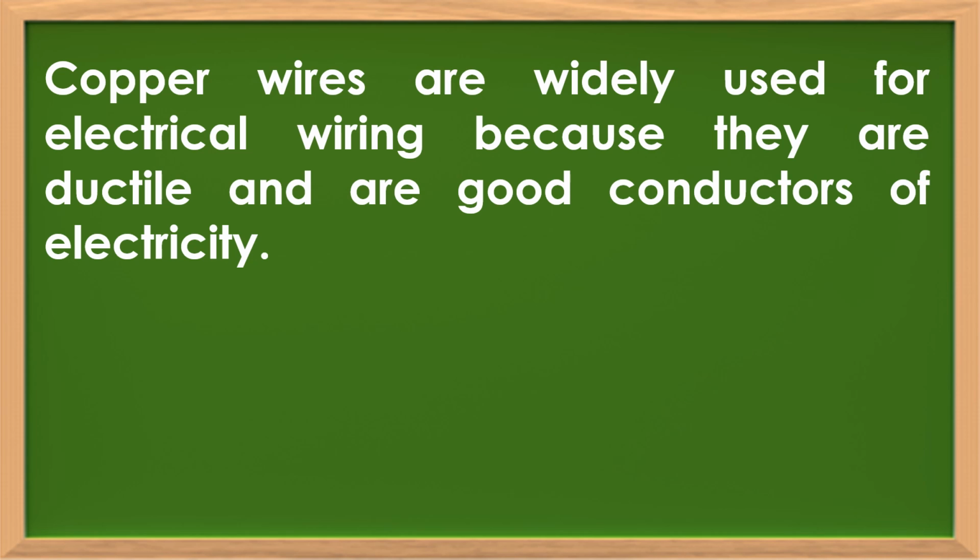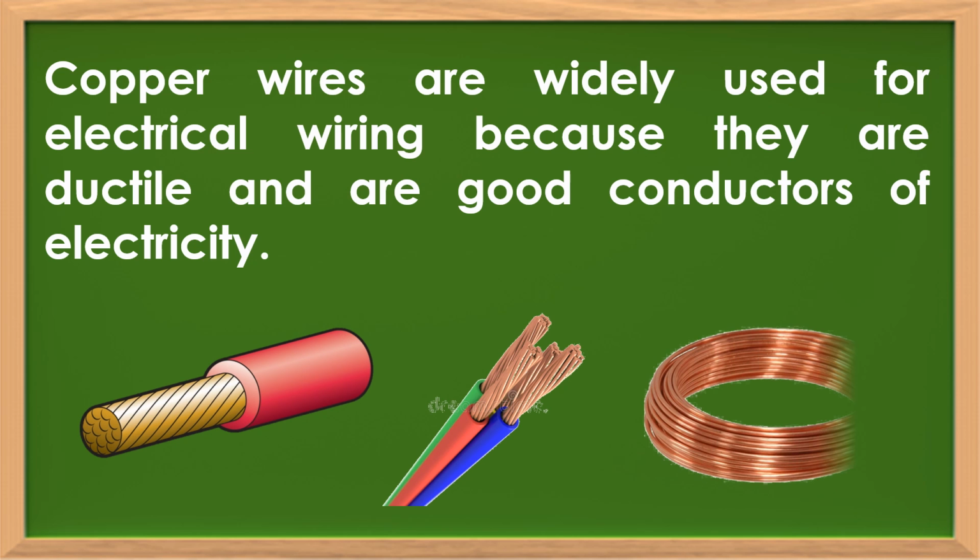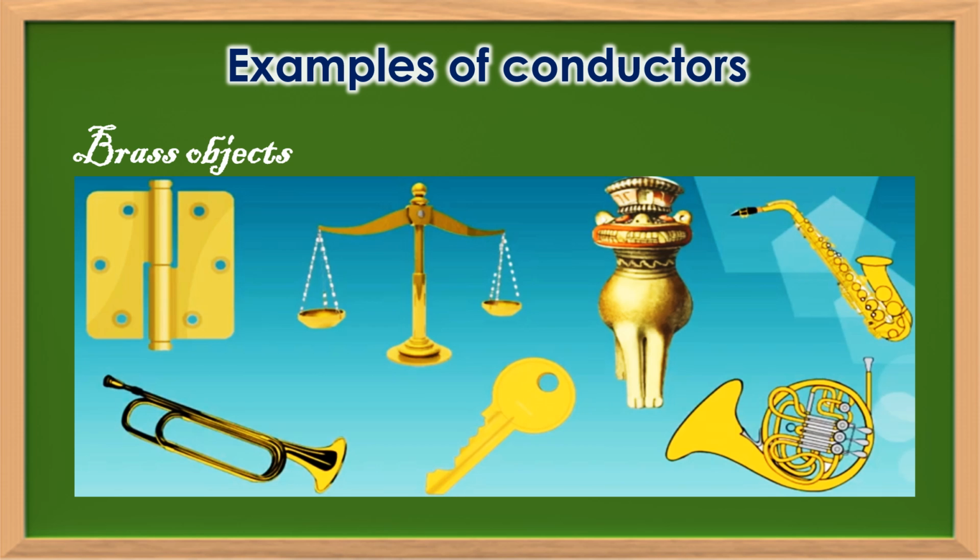Copper wires are widely used for electrical wiring because they are ductile and are good conductors of electricity. Brass objects, as seen in the picture, are examples of conductors.